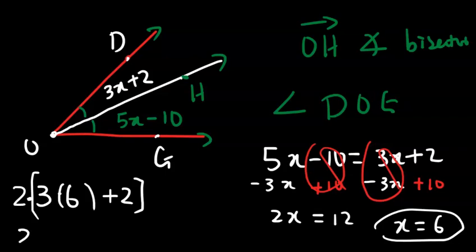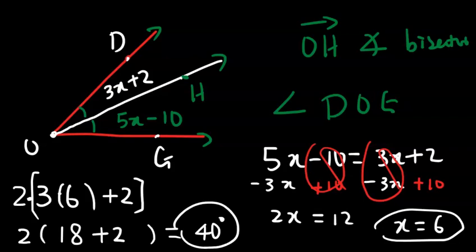So let's find out. I don't want to leave things undone. So 3 times 6 is what? 18 plus 2, that's 20. 20 times 2, that's 40. So angle DOG, our cute little angle dog, has angle measure 40 degrees. That's how you use the angle addition postulate and angle bisector. Happy learning.